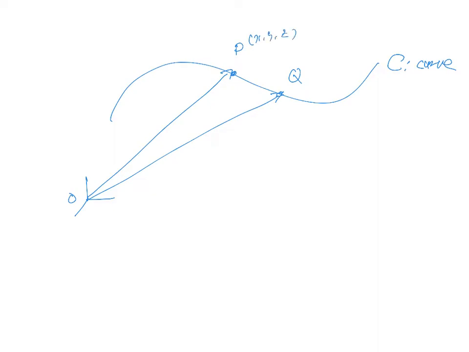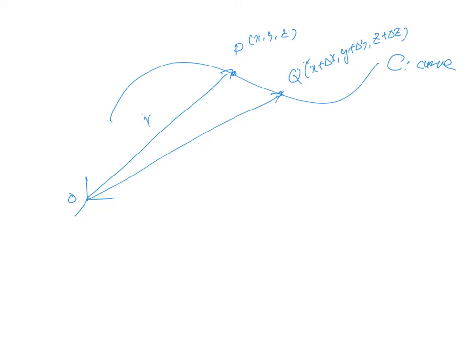This is x, y, z. So the coordinate of P is x, y, z, and Q is a little displacement of a point from P, so it's x plus delta x, y plus delta y, z plus delta z.